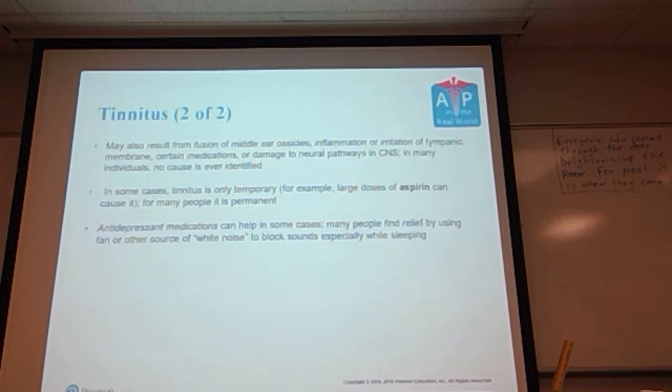Also it could be a result of fusion of the middle ear ossicles, or inflammation or irritation of the tympanic membrane. Some medications can cause tinnitus, as can damage of neural pathways in the central nervous system. In many individuals, no cause is ever identified.